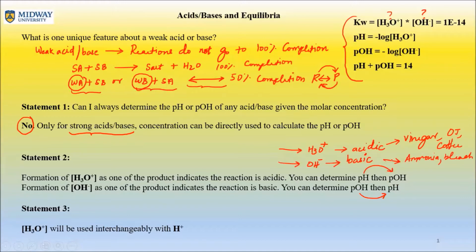And H3O+ is also interchangeably known as H+. So H3O+ is the same as H+, which is known as proton. So you finish Chem 170, 175, and if someone asks you, hey, what's the formula for proton?